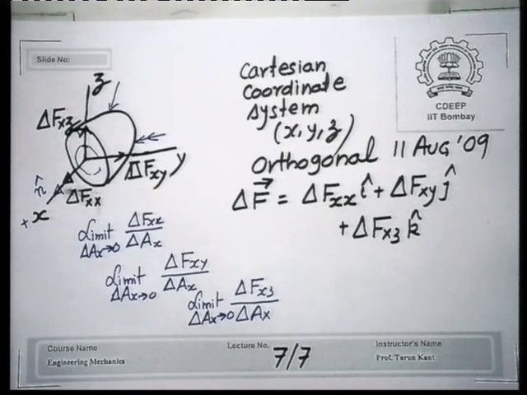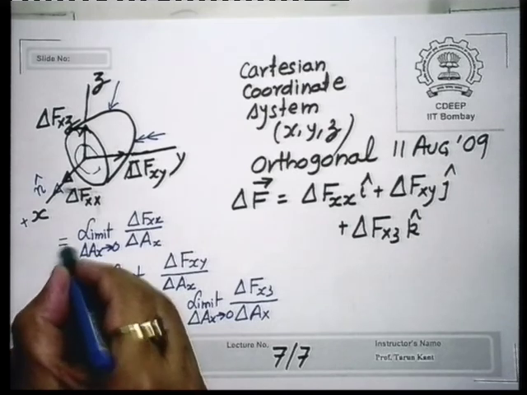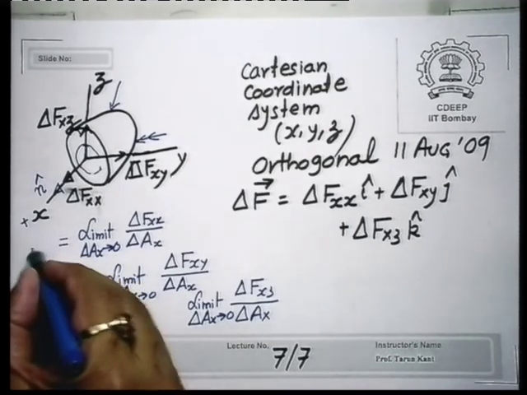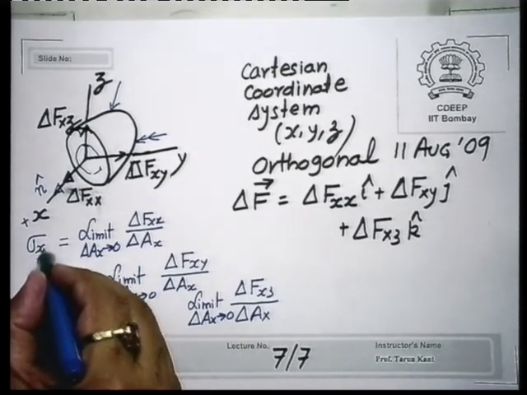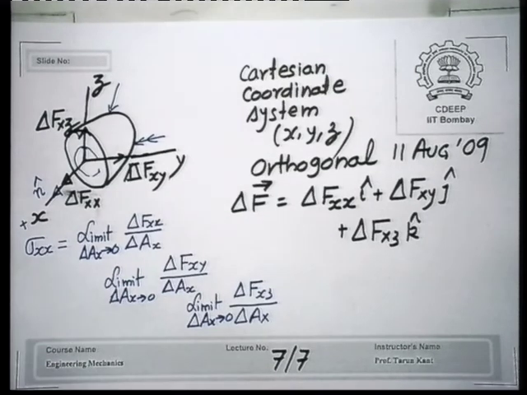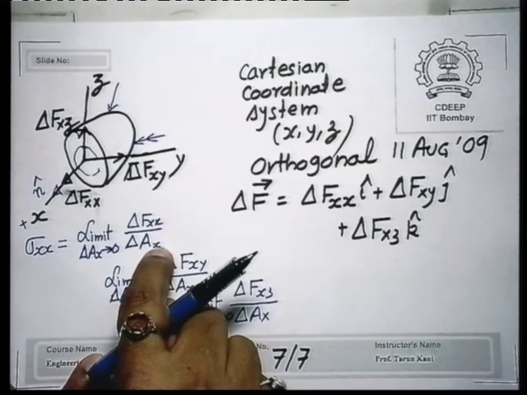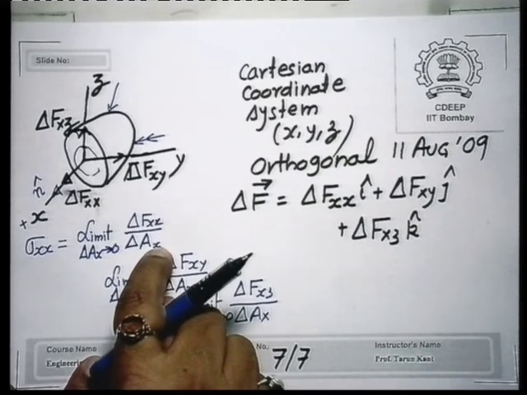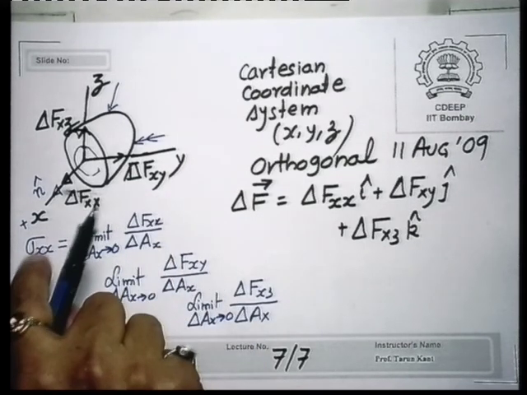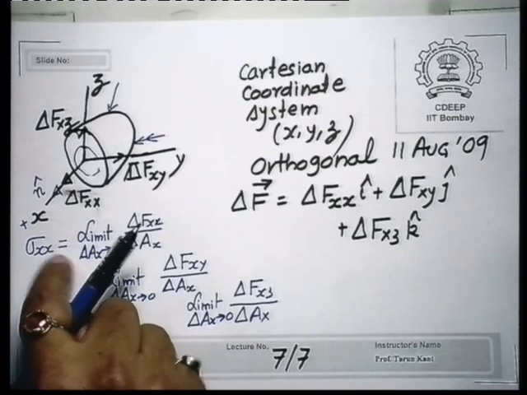So I will define my quantity at a point. So this is defined as sigma xx. Why? This is the normal force divided by area. Fxx is perpendicular to the area Ax. Is it clear? Fxx is a perpendicular force, so it is a normal. So that I am denoting by sigma xx.